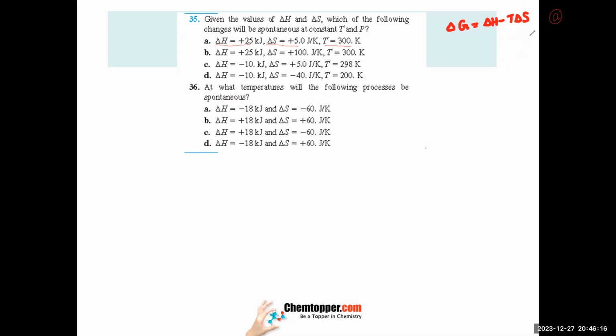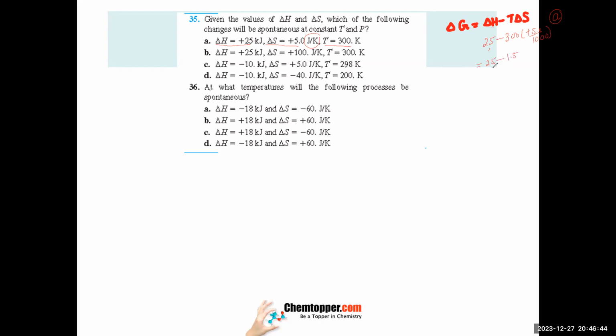So it is 25 kilojoules, this one, 25. Temperature, 300. Delta S plus 5. But this one is in joules and this is in kilojoules. So you divide this by 1000, right? Check the answer. 25 minus 1.5.